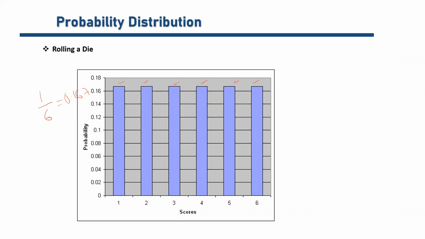If you add 1 by 6, six times, the total probability is going to be 1. So one thing we need to understand is that the sum of all the probabilities of an event is going to be 1.